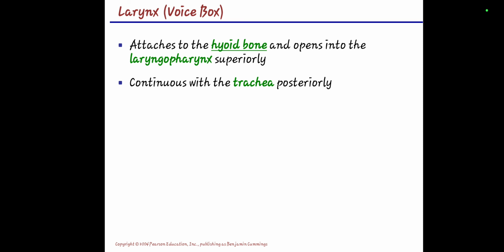Next, we have the larynx, or the voice box. The larynx attaches to the hyoid bone and opens into the laryngopharynx superiorly. It continues with the trachea posteriorly.